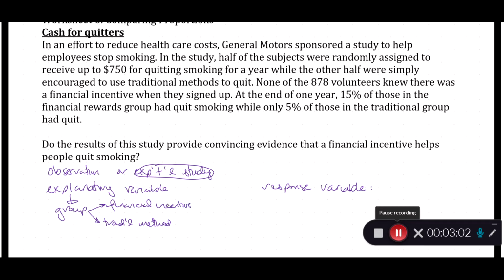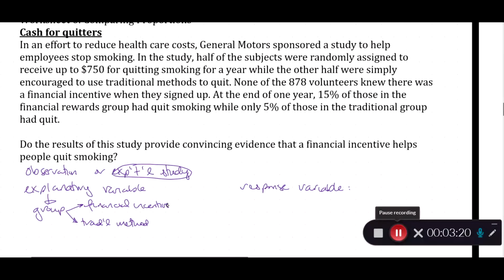They were either grouped into whether they received the traditional method or the financial incentive. Notice that financial incentive is not a variable and traditional method is not a variable. It's the incentive or the encouragement that they receive for actually quitting smoking.